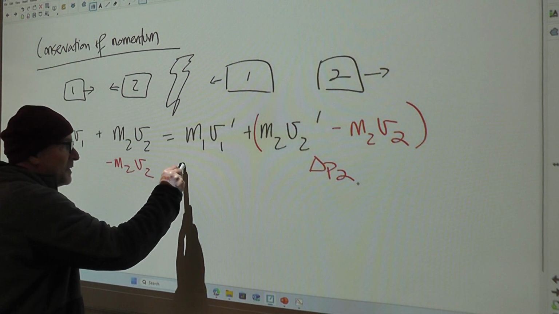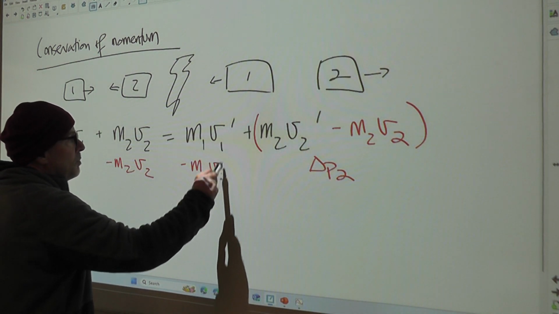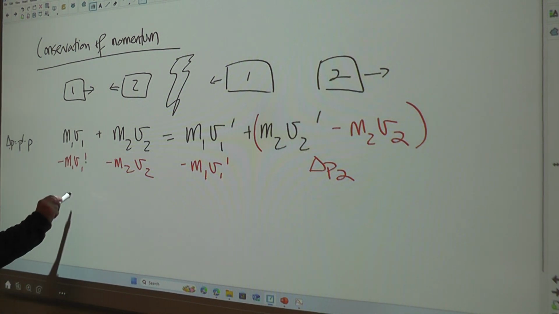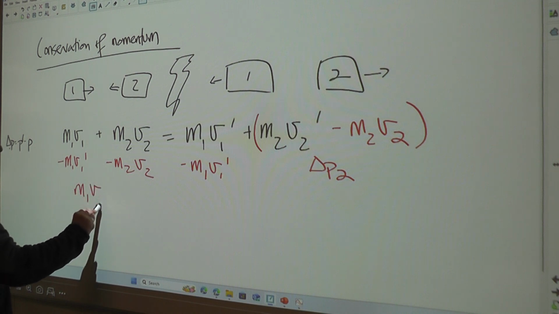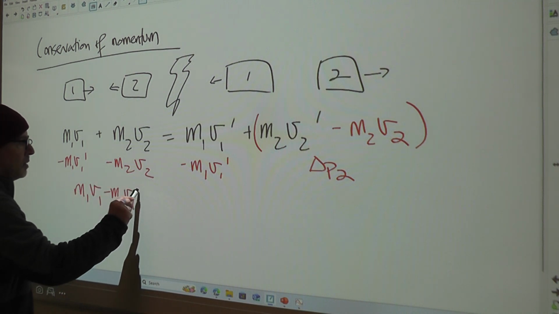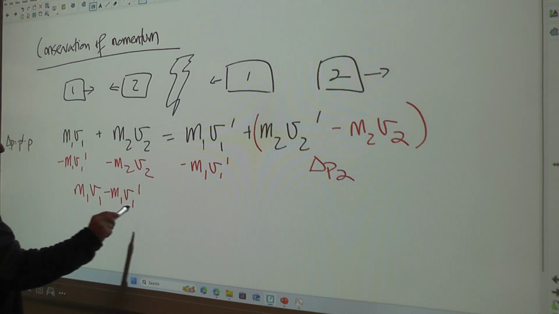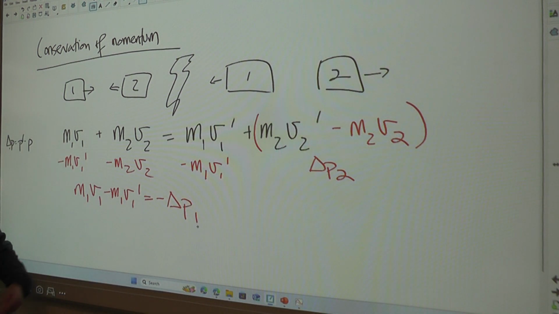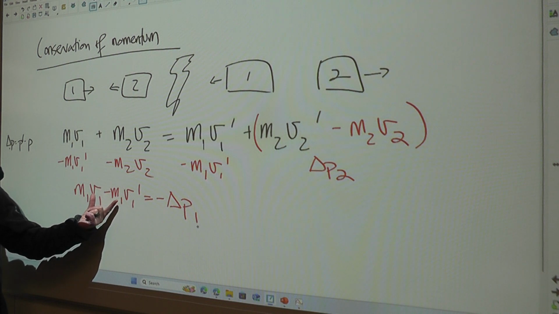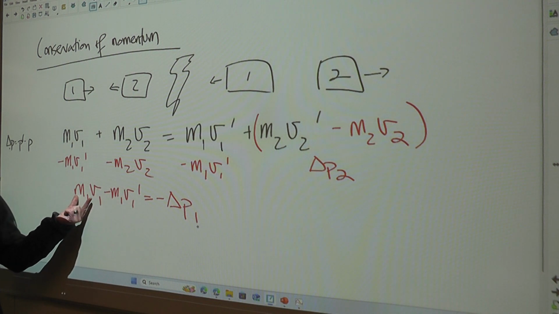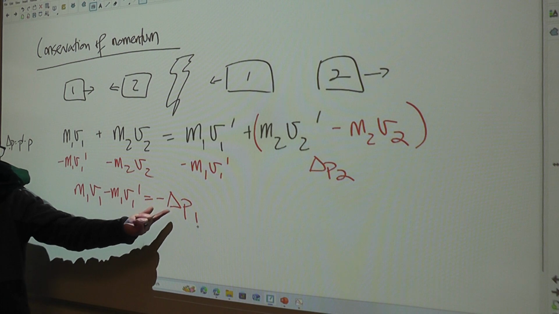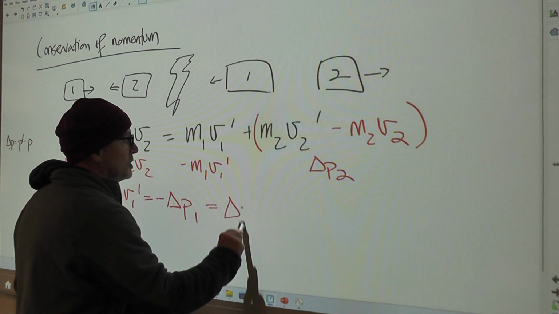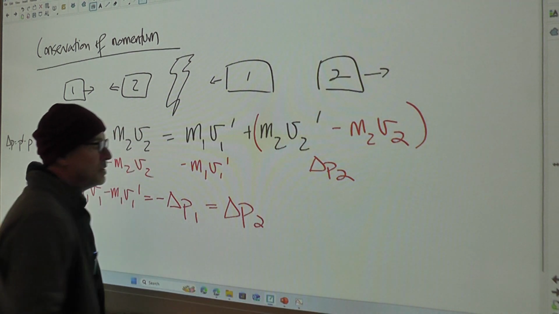And then, if I subtract M1V1' from both sides, I have M1V1 minus M1V1', which is the opposite of cart 1's change in momentum. Cart 1's change in momentum would be this minus this, so -1 times the change in momentum will give me this term right here. That's going to be equal to the change in momentum for cart 2.